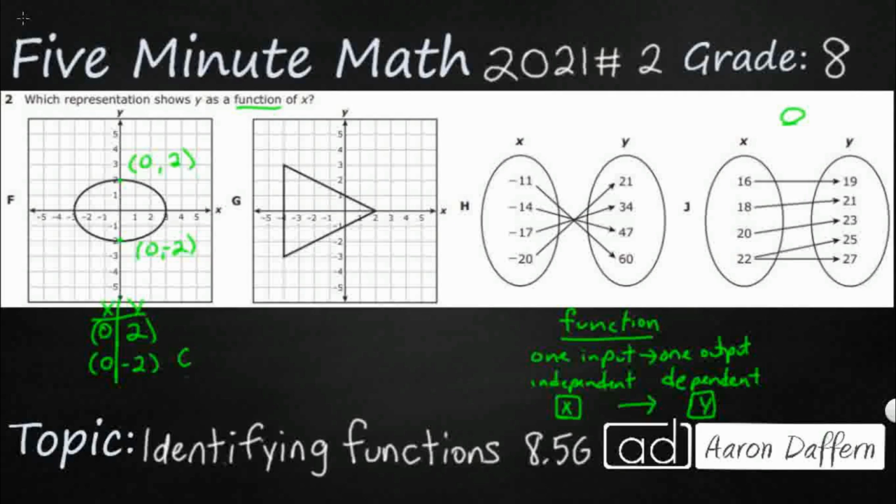Right? So I've got a 0 that leads to both 2 and a 0 that leads to -2. If you were to turn this into an equation, right, then you would say that 0 can land you at both 2 or -2, which means it's not a function. Because 1 x doesn't lead to just one y. 1 x leads to two y's.